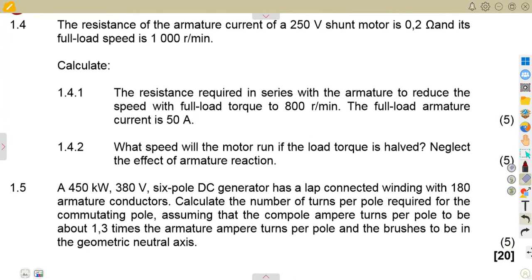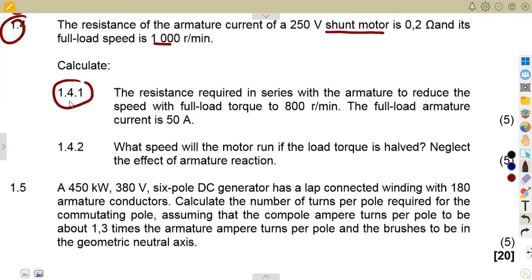Let's see, how are we supposed to obtain these 15 marks? 1.4, we are given the resistance of the armature of a 250 shunt motor is 0.2 and its full load speed is 1000 revs per minute. Remember, at full load, that is at the initial conditions, at the original conditions.